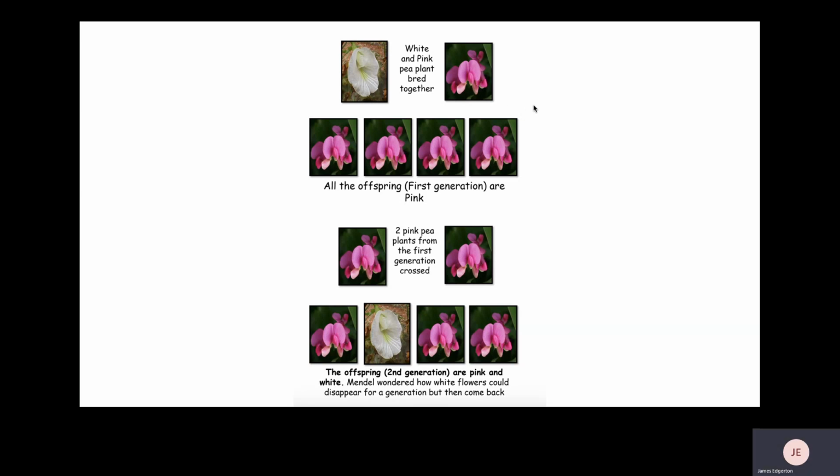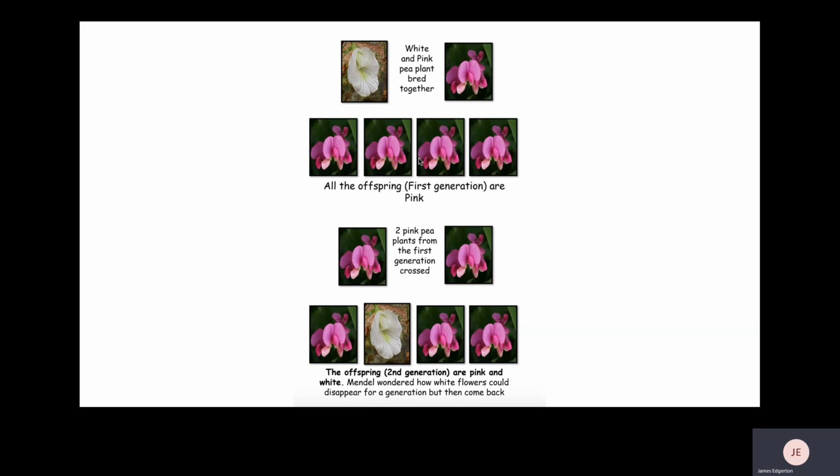That meant you had one set of instructions from the white flower and one set from the purple flower, combined. But the purple flower was dominant, and its phenotype would be expressed. It's how it looked would be expressed in the flower.